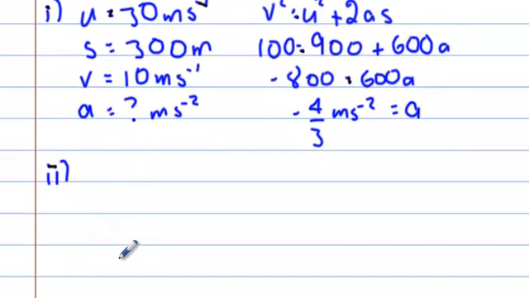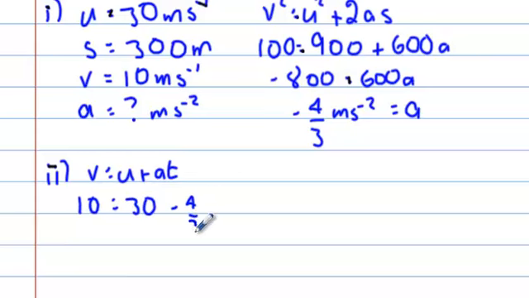So in that case we can use v equals u plus at, because we have values for v, u and a now, and we're calculating t. So if we substitute in, 10 equals 30 minus 4/3 of t.